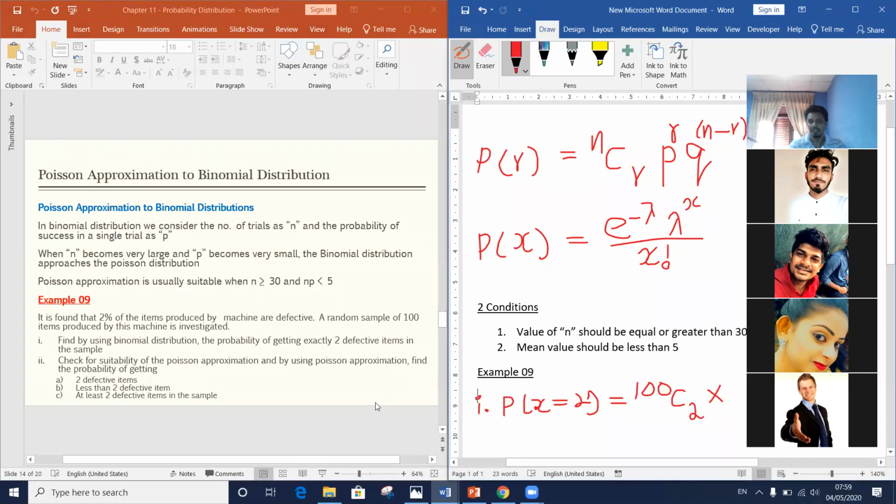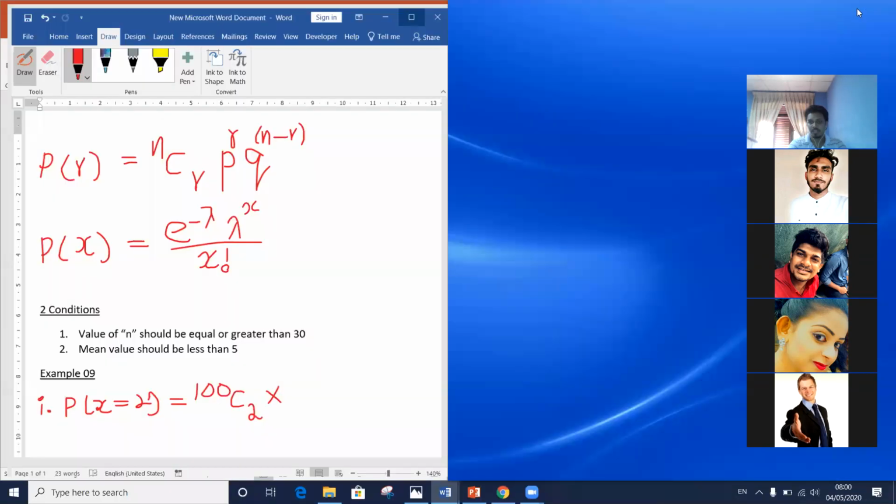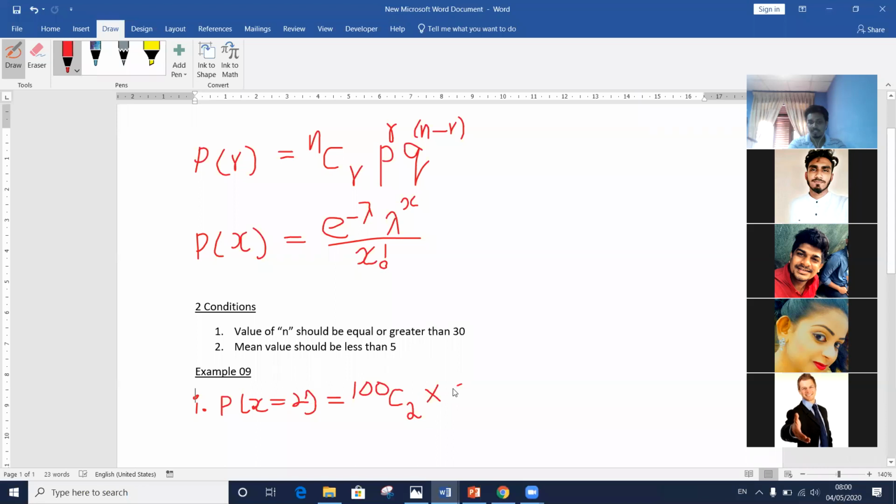If we take an item randomly, what is the probability of that item being defective? What is the value of p? It is found that 2% of the items produced by this machine are defective. 2% means what? 0.02. Right? 0.02 to the power r, r value is 2.